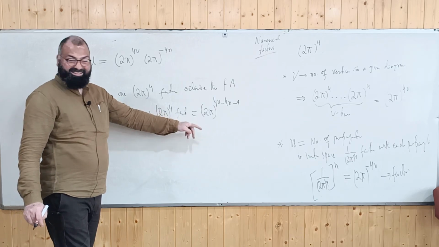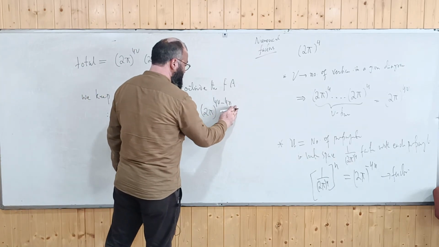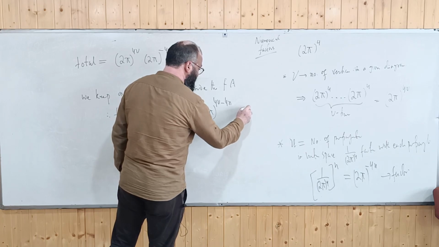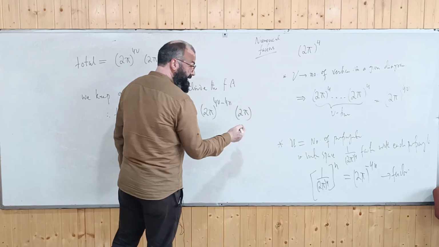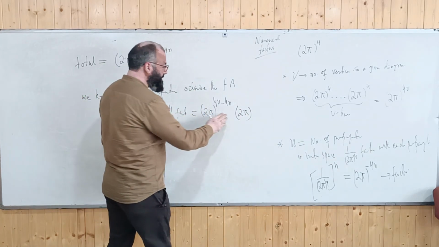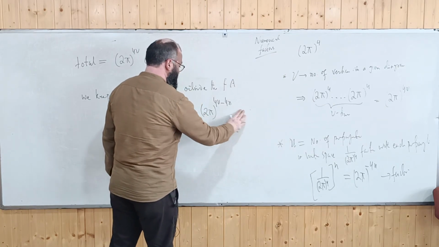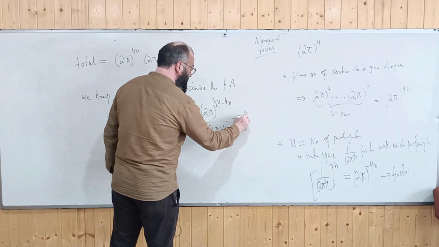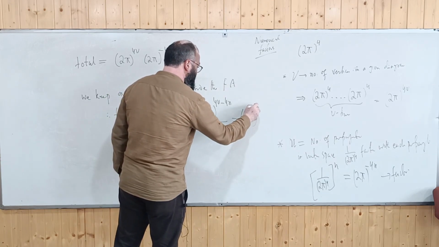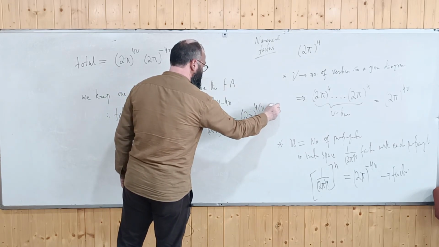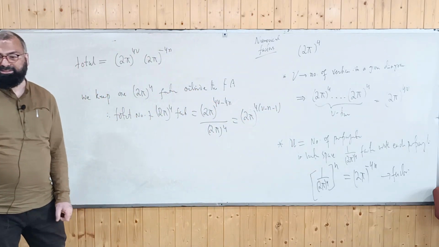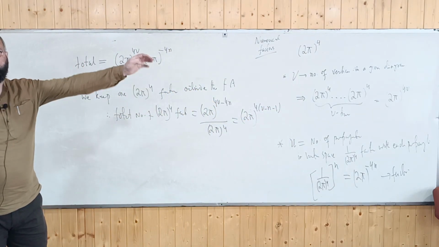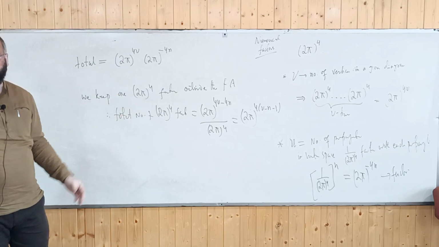So you have to subtract (2π)^4. Subtracting means you divide it. So how much is that? (2π)^(4(V-n-1)). Understood? So you take one (2π)^4 out and divide here.